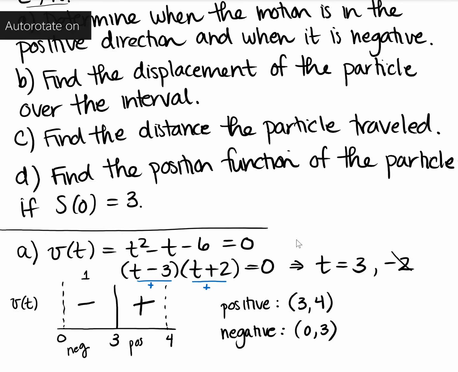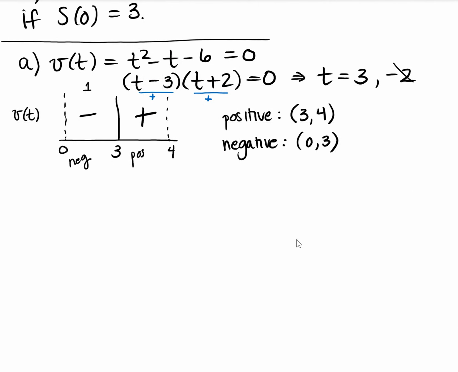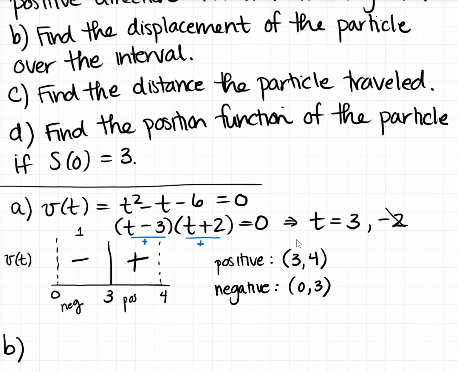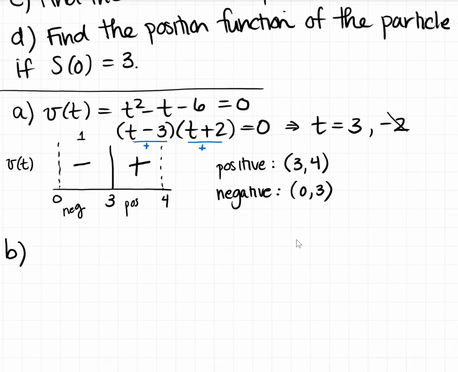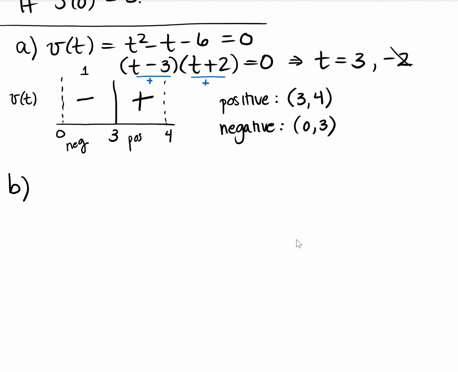That was pretty good. Okay, so that was part A. That was pretty painless, I think. Part B is asking us to find the displacement of the particle. As you saw in the section, displacement is just where you ended the position, where your particle is at 4, and then where your particle is at 0, and subtracting them.